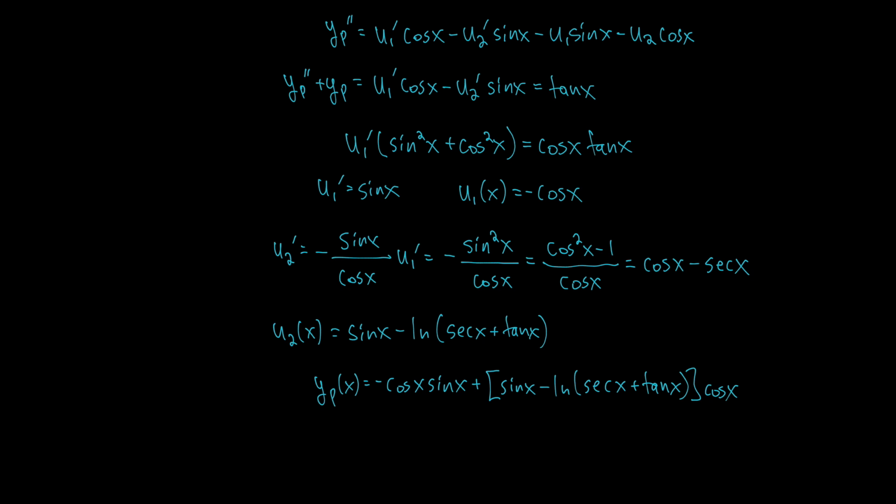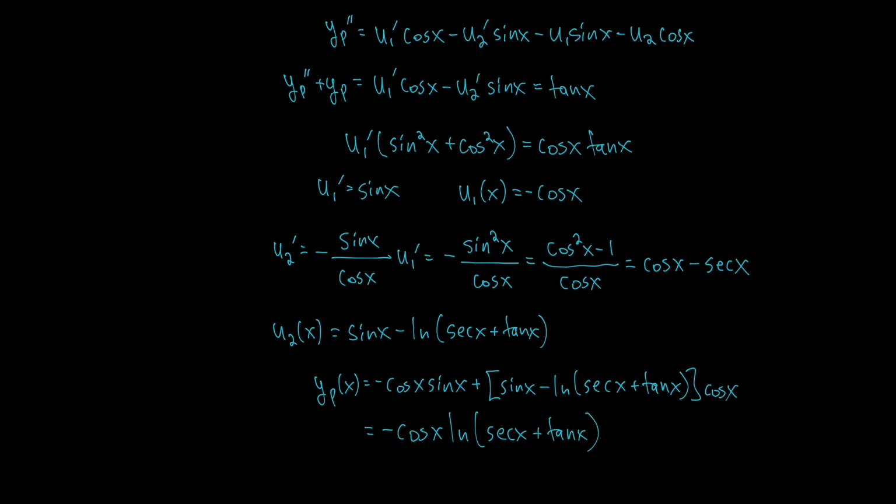And this means that I can simplify this a little bit, because I've got minus cosine sine plus sine cosine, so that'll cancel, and I have minus cosine times the natural log of secant plus tangent.